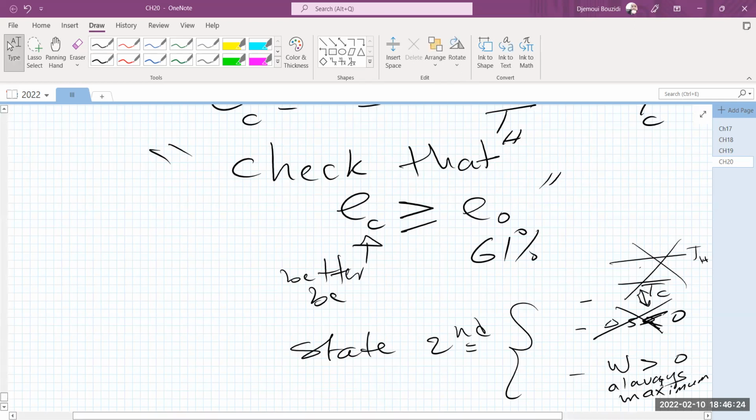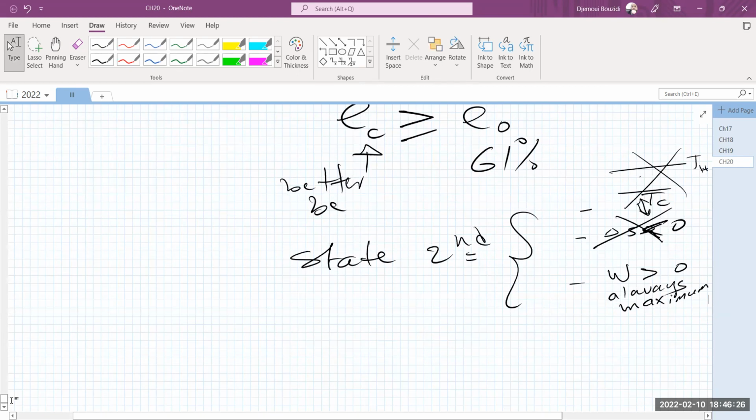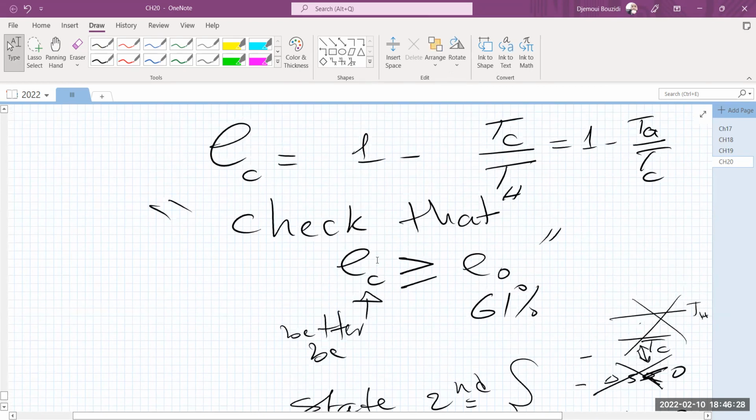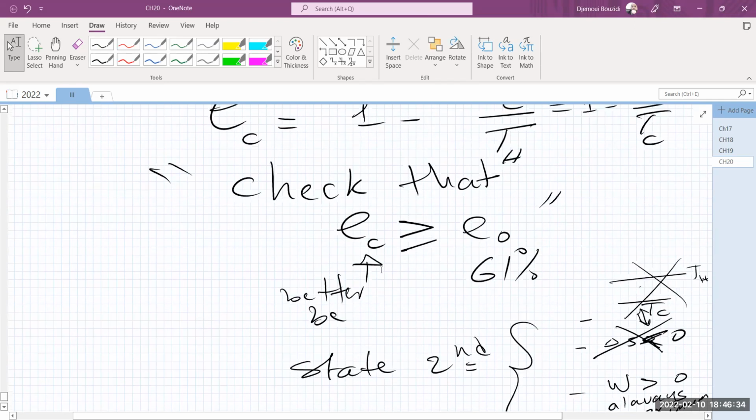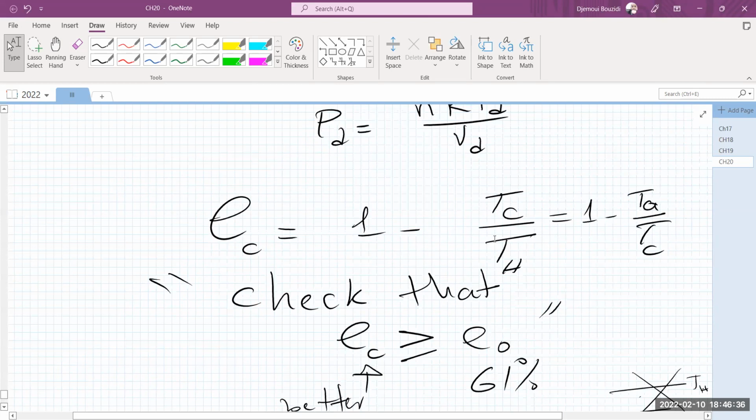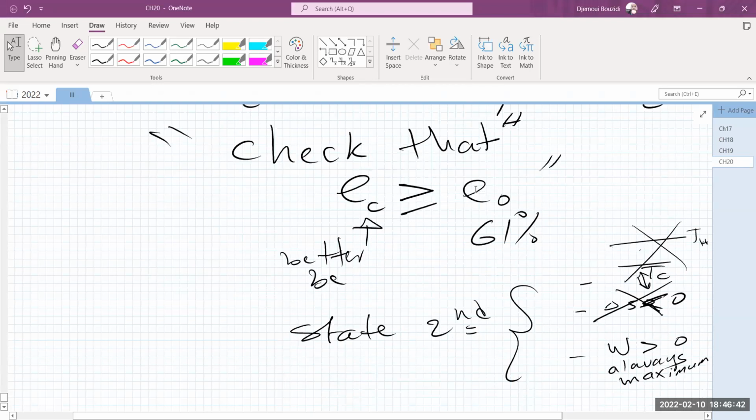Okay, so this is basically what I want you to put in your own words. And then check this engine, which is from problem 2047, to make sure that this problem gives me an efficiency. If it were Carnot, which is TA over TC, it's going to be higher than, at worst, equal to this 61%.